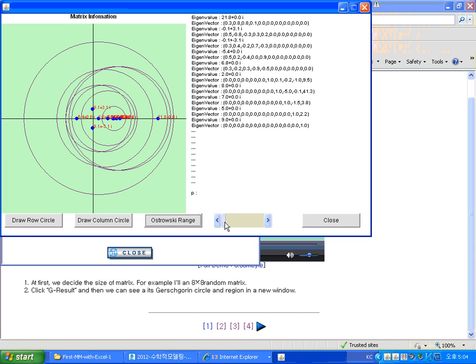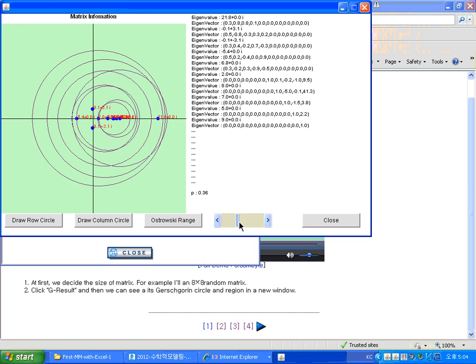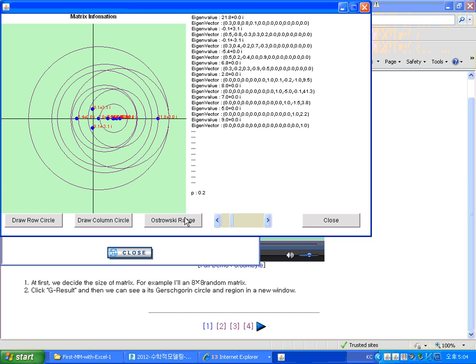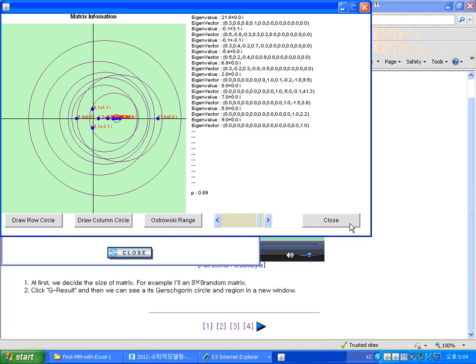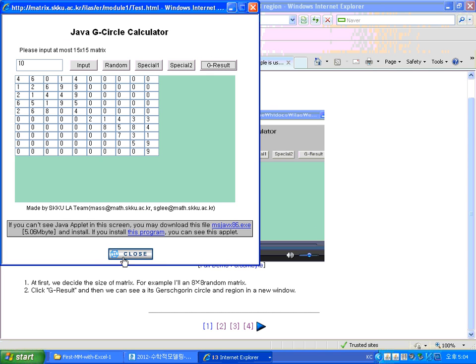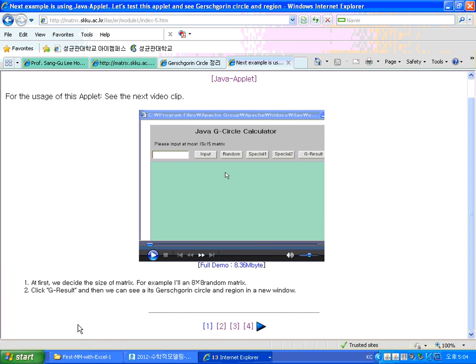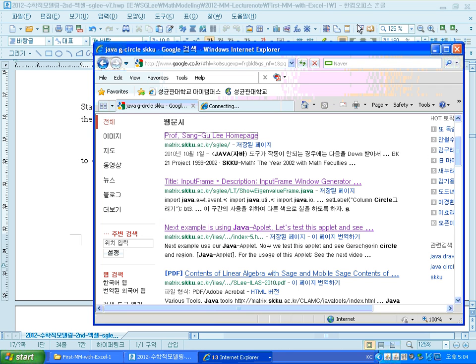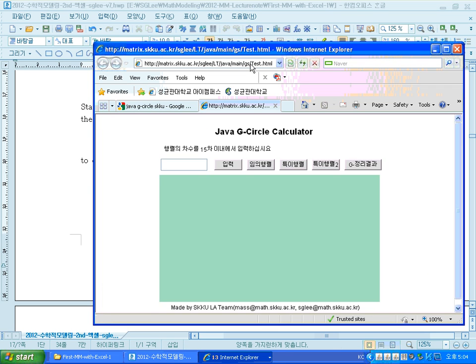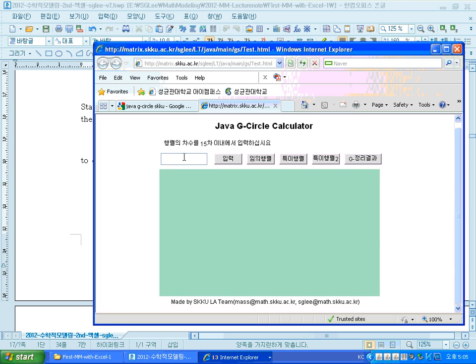And also, this is a generalization of the Gershgorin circles, and we can choose the parameters as for the Ostrowski, to find the Ostrowski region, which is a generalization of the Gershgorin circles. And there are many things done in it, and you can also find those Java tools here.